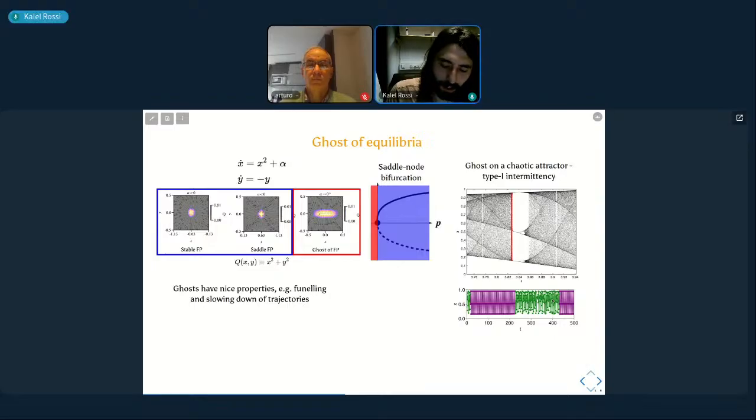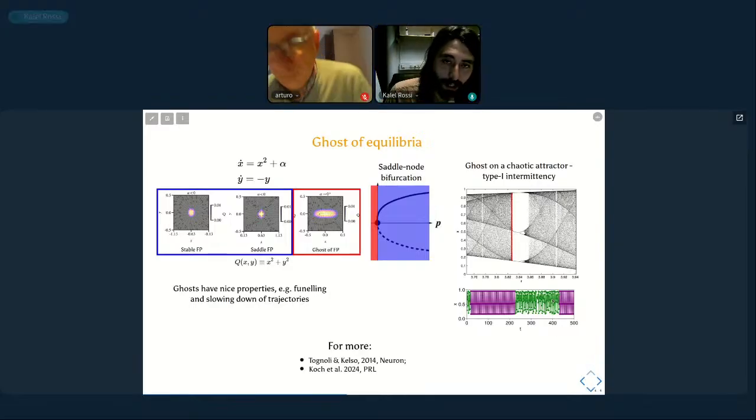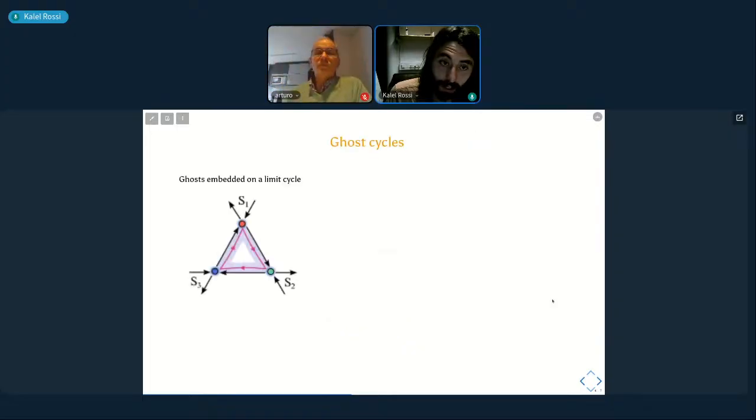In general, though, as I mentioned, ghosts have these nice properties of funneling and slowing down, and I'll show soon how this can be useful. But I just wanted to mention that ghosts can also be connected in state space, similar to the heteroclinic cycle that I mentioned before. So in this figure here, we have three ghosts of equilibrium in state space, but they are embedded on a limit cycle. So before I showed you this example of ghosts embedded on a chaotic attractor, they can also be embedded on a limit cycle.